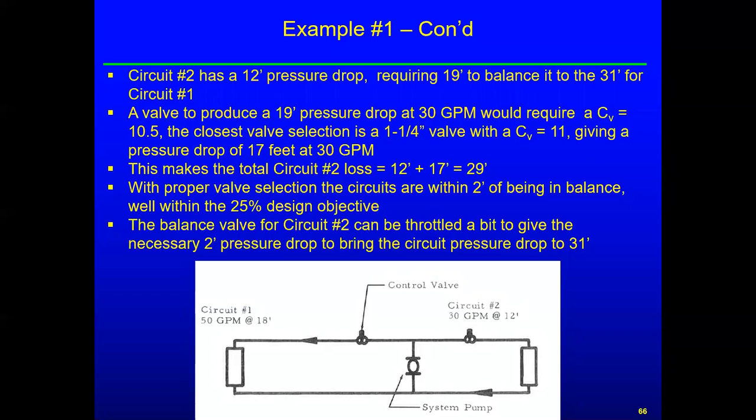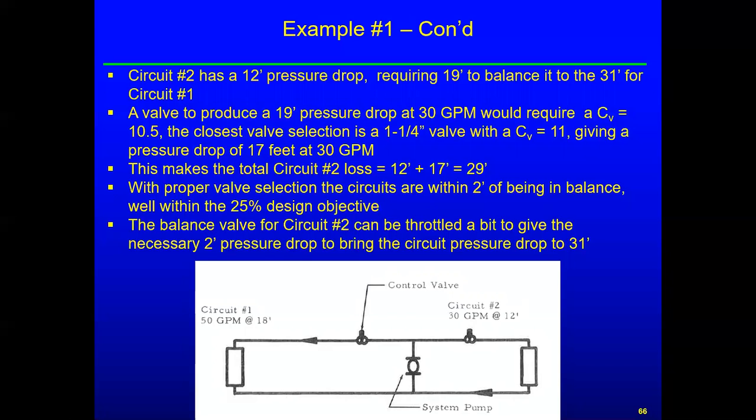Now if you pick one smaller than that, you're going to increase the total pressure drop. Then this circuit would have a higher pressure drop than the first one, and you would wind up operating at a little bit higher pressure. So in this case, we're going to go up. I think I said that backwards.